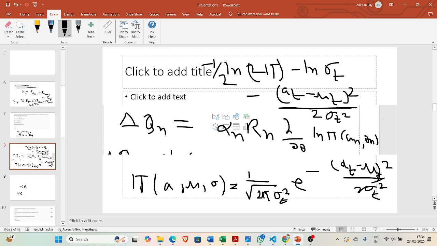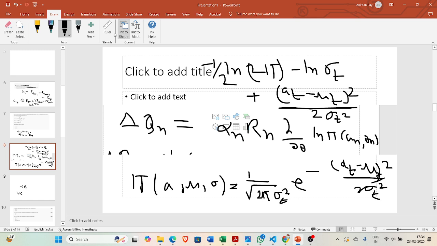Now when you are taking the derivative with respect to mu t, these two terms are useless. We're taking the partial derivative, so the 2 will come ahead and the 2 cancel. So this becomes mu t minus a t. When taking the derivative you have to use the chain rule, and this will become actually plus.